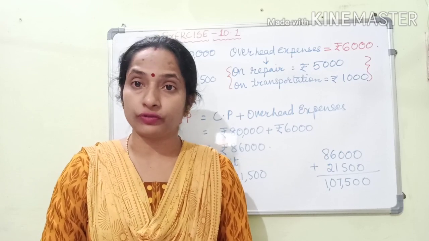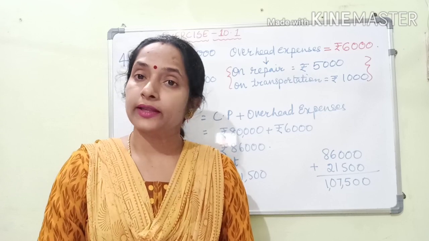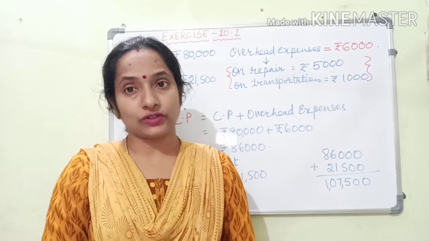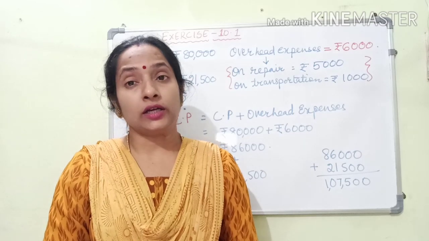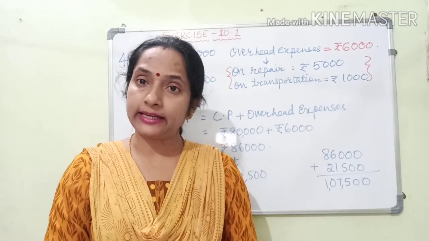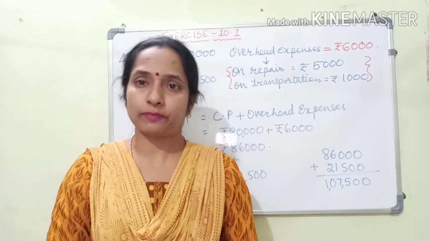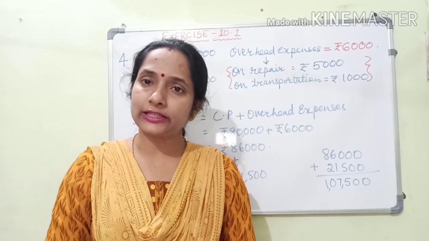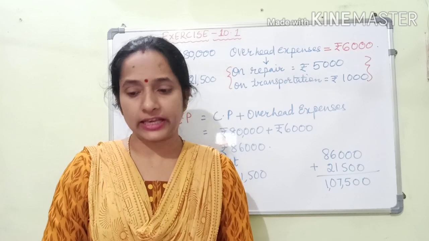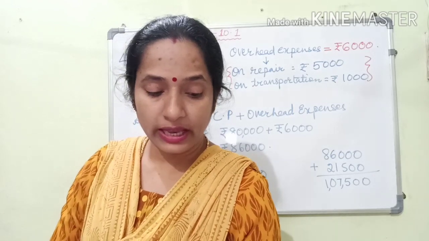You have to follow the formula given in the earlier questions that we have solved. When the profit and the cost price are given and we want to find the selling price, simply selling price is equal to cost price plus profit. By adding these two, you can find the value of selling price. So questions number 5 and 6 are homework for you as well.